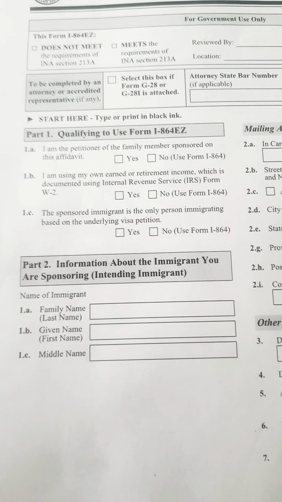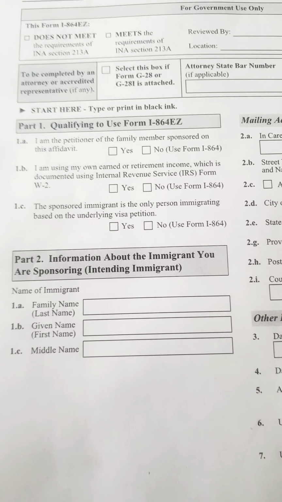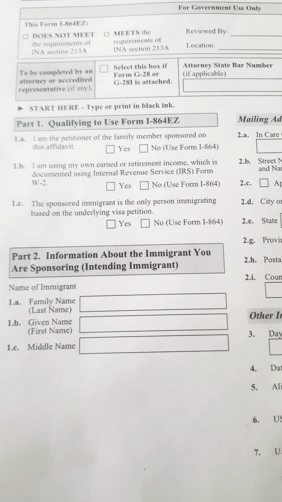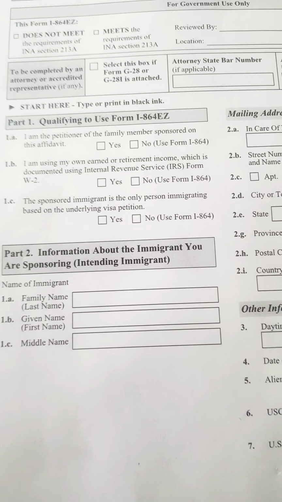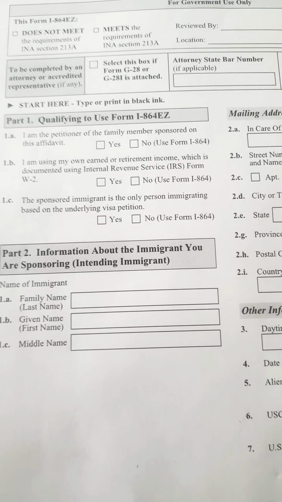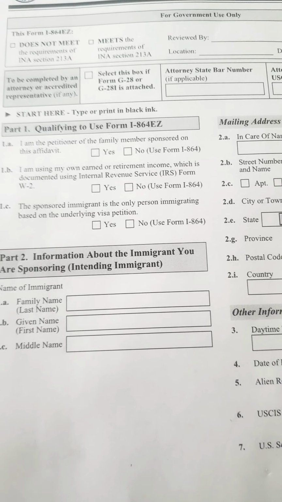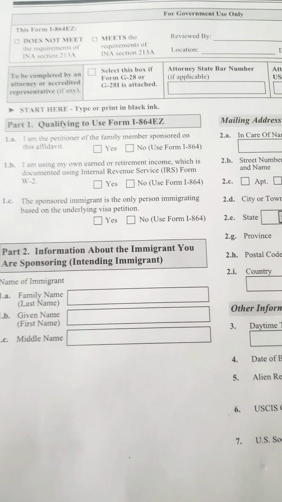And number 1B, it says, I'm using my own earned or retirement income, which is documented using Internal Revenue Service, that's the IRS form W2. And your answer is going to be yes.